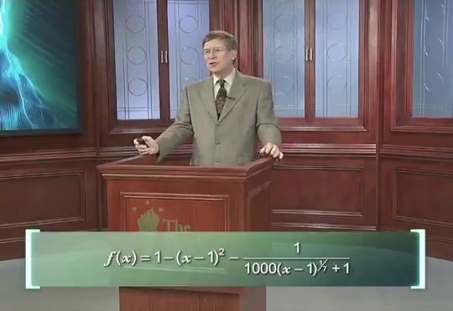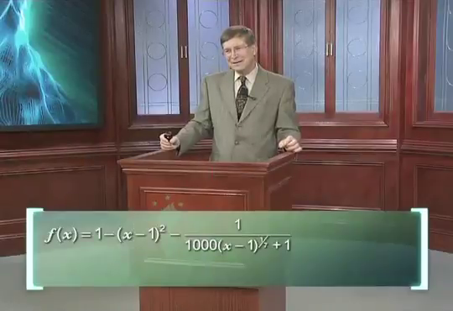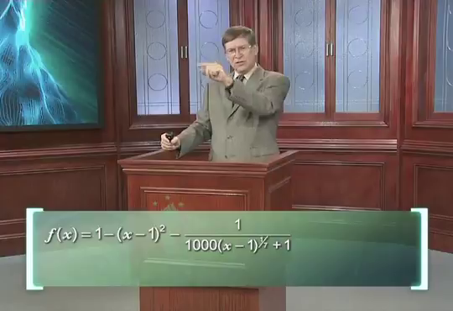Now, I'm going to graph this function on a standard viewing rectangle on a calculator. And it seems to me that the maximum occurs around x equals 1. And in fact, if you use the maximum button on your calculator, it will tell you that the maximum is 1 at 1. But wait, plug 1 into this formula.